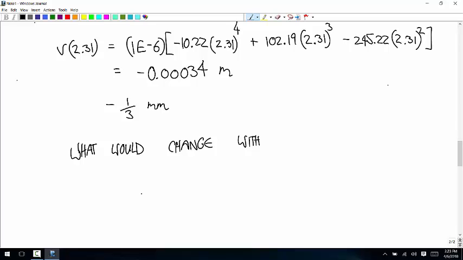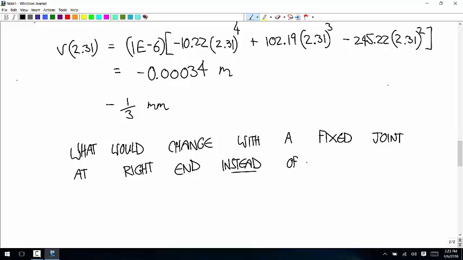But what would change with a fixed joint at the right end instead of a roller?